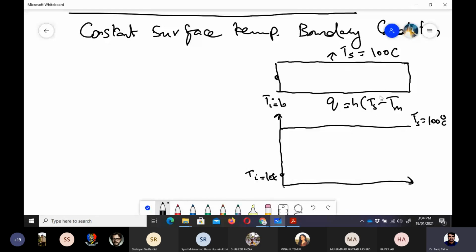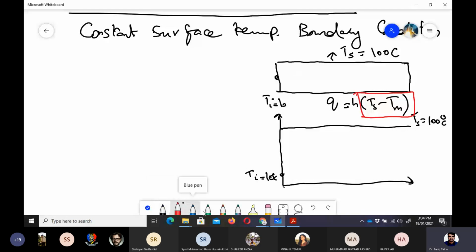Tm here would be Ti. So this temperature difference is maximum at the beginning, and on top of that the h value is also higher in the entrance region. That is why we would have a certain temperature rise here.